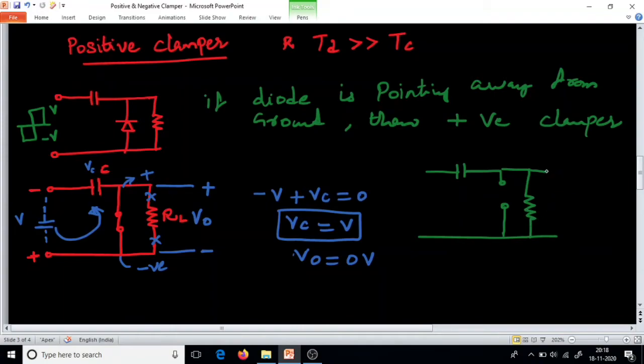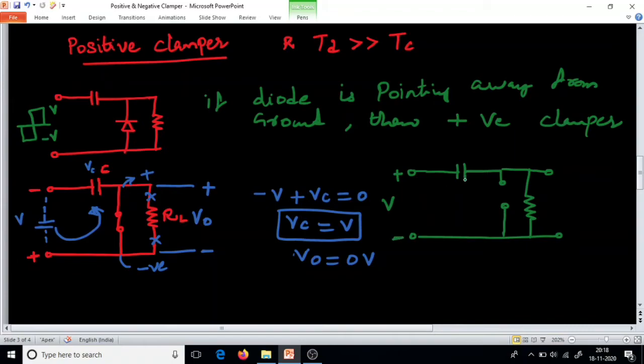We apply V here, with plus coming here. This terminal is plus and this terminal is minus.